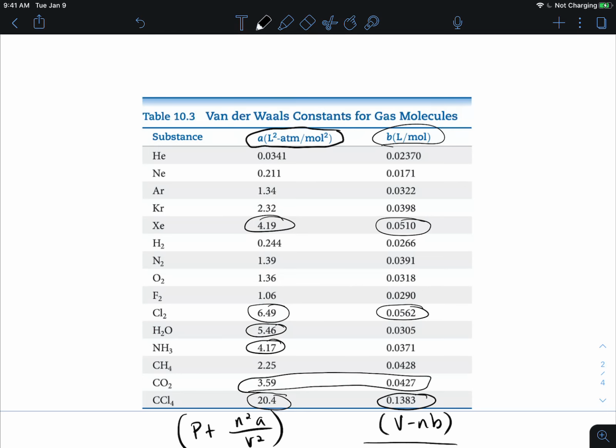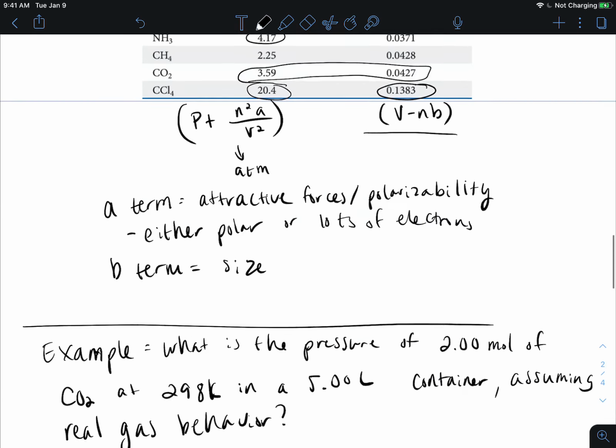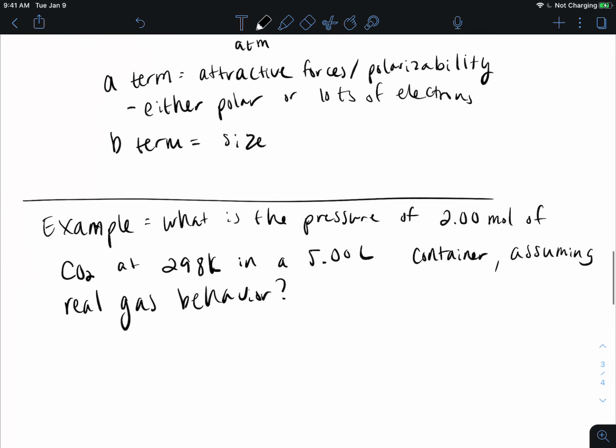Okay, so we're going to put those values down. Our a term for carbon dioxide is 3.52 liters squared times atmospheres over moles squared. And then our b term is 0.0427 liters over moles.